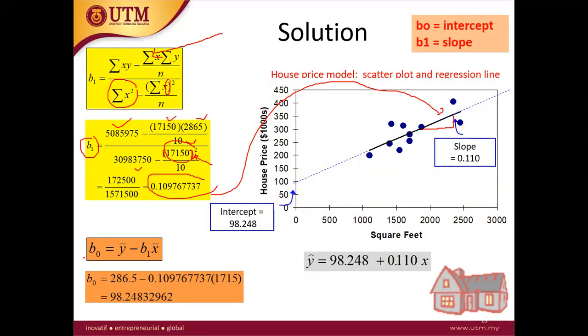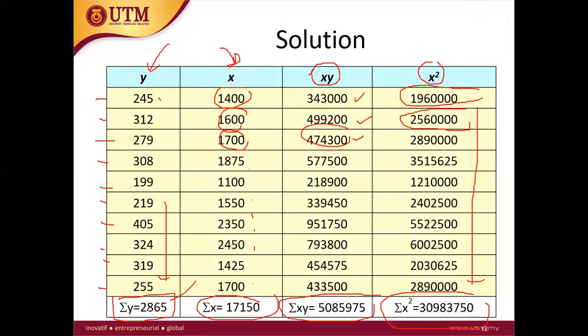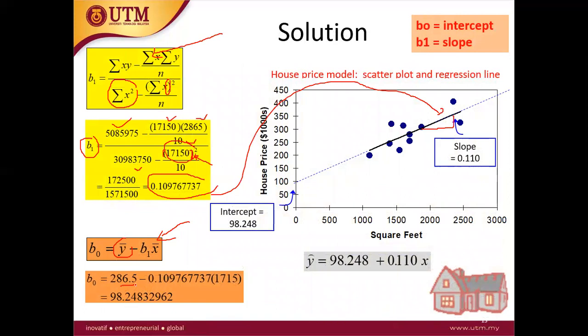Okay. Right. B0 is the intercept value, which we calculate using this formula: Y bar minus B1 times X bar. Y bar is the average of Y, 2865 divided by 10, so you get 286.5.